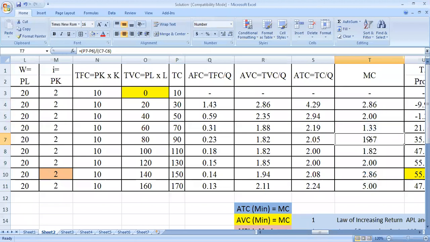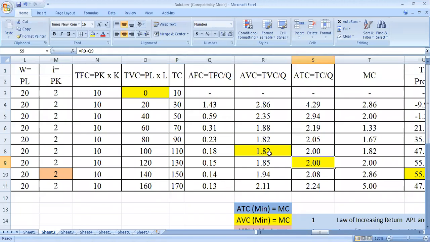So this is the column of marginal cost, but from here let me explain to you people. 1.82 is showing that here average variable cost is minimum. After looking at the column of average total cost, the value 2 is showing us that it is minimum. I told you earlier while discussing the concepts of families of cost curves that when average variable cost becomes minimum, it is always equal to marginal cost.